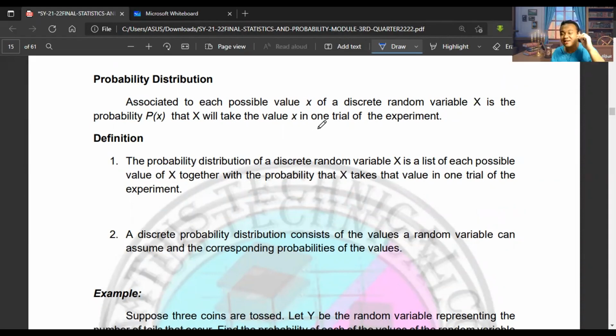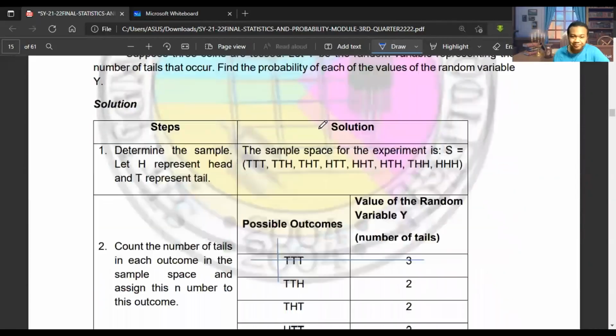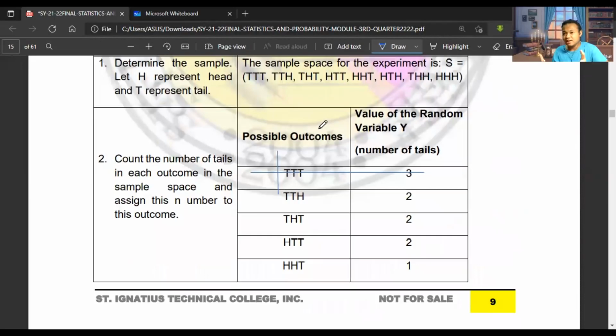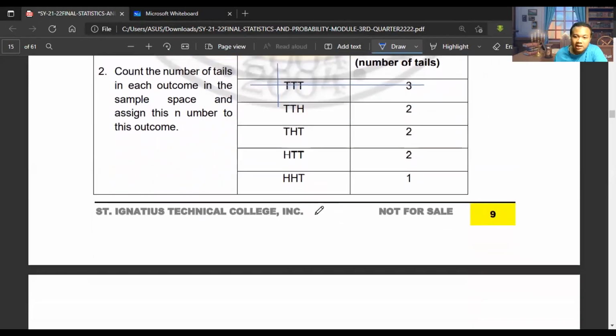It's tiring to read, but what it means is, for example, let's go straight to the example. We have listed the possible outcomes. For example, the number of tails: TTT, so the number of tails is three. TTH is two, and so on and so forth.